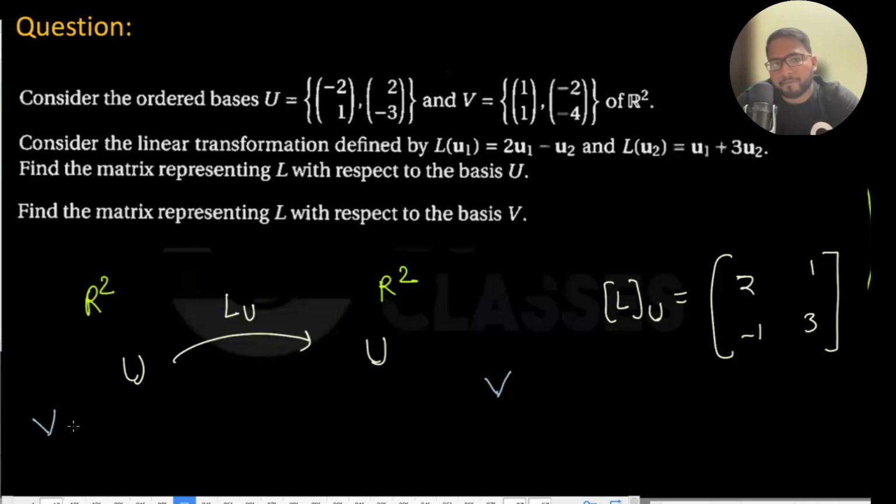Can you tell me? First, you can change the basis from V to U. So if X is in V, then which matrix can change the basis from V to U?